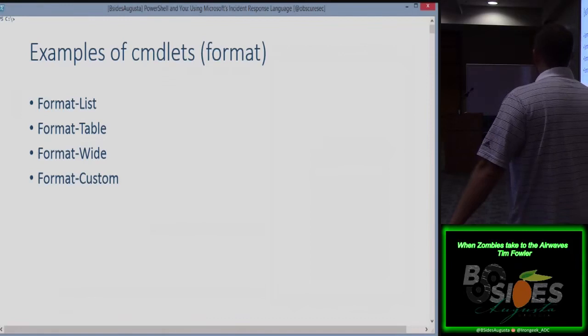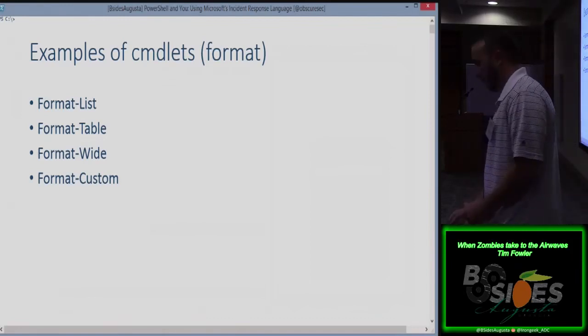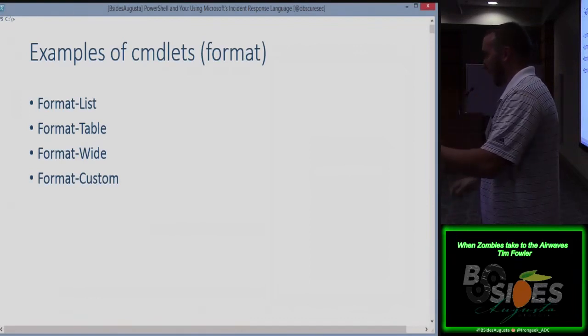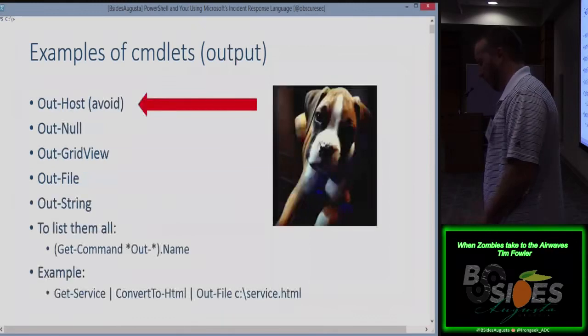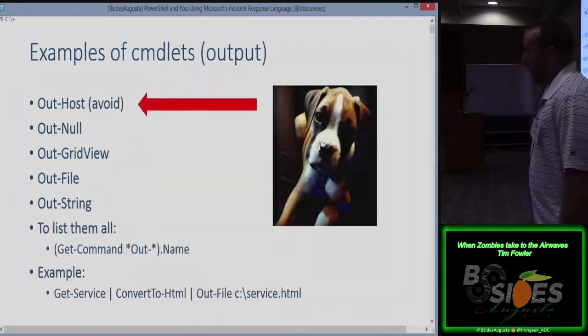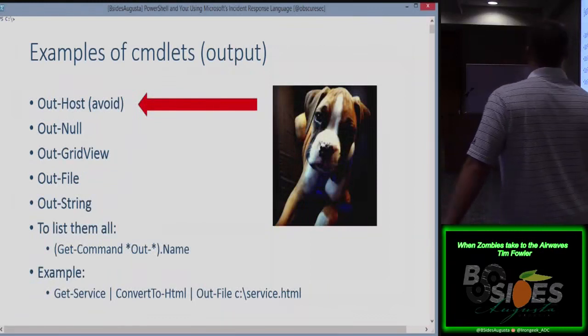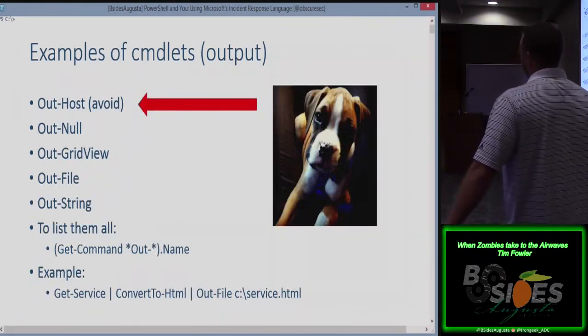So once you get the object returned, these are ways to format: Format-List, Format-Wide. Sometimes you're not getting all the data displayed to you at the end. It's all there. You just have to use the correct formatter for it to display. Out-Host, there are people guilty of this in this room. If you use Out-Host, a puppy will die.